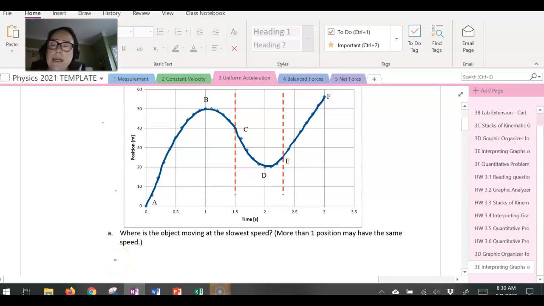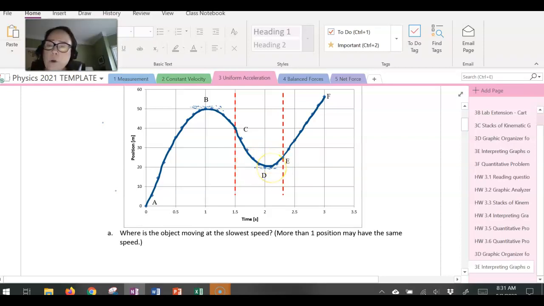So in order to tell the instantaneous speed, I'm going to use tangential lines, and I'm looking for places where the tangential line would be horizontal. Looks like there at point B might be one, and if I took my pencil and held it against the curve, that would be a good way to see the slope of a tangential line.